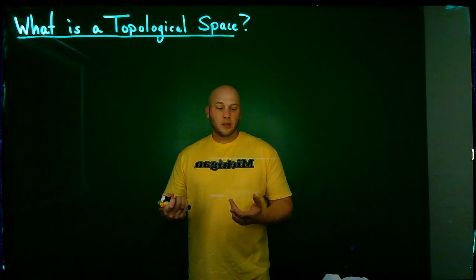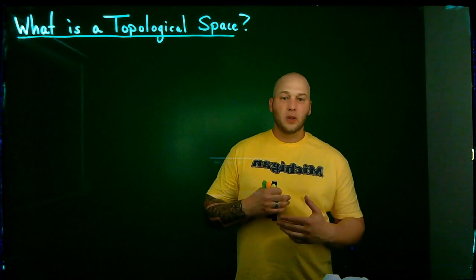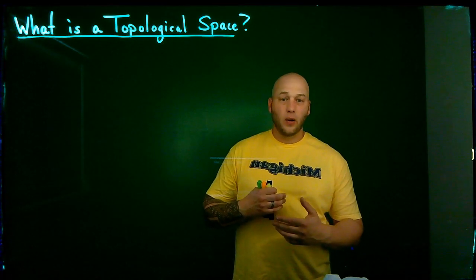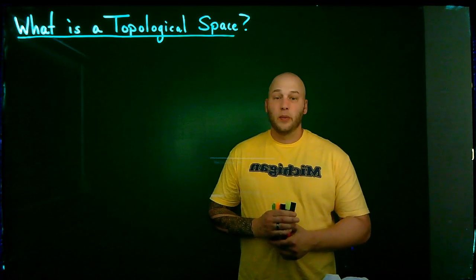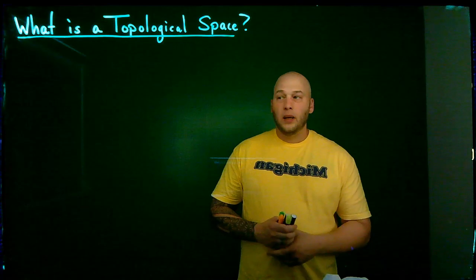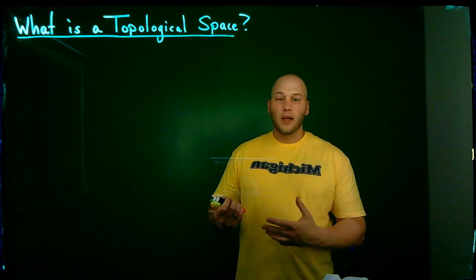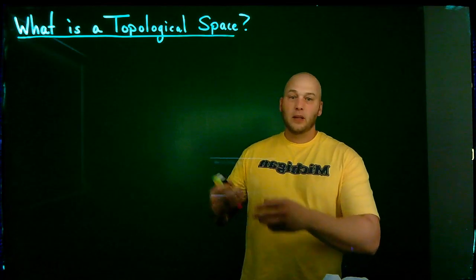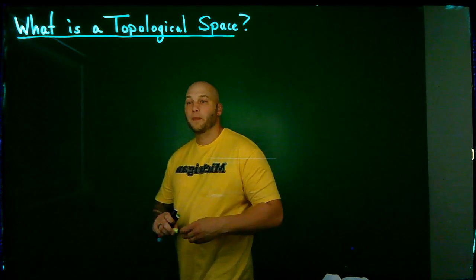Initially, it's basically a way to abstract some of the concepts that you talk about in a calculus or more appropriately an analysis course. For example, the concept of continuity, openness, closedness, things like that. We will generalize those in the context of a topological space. So let's go ahead and get to the definition.